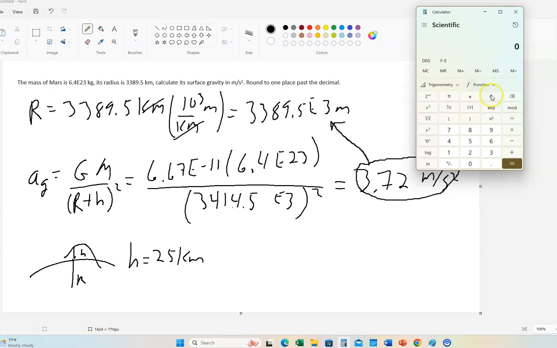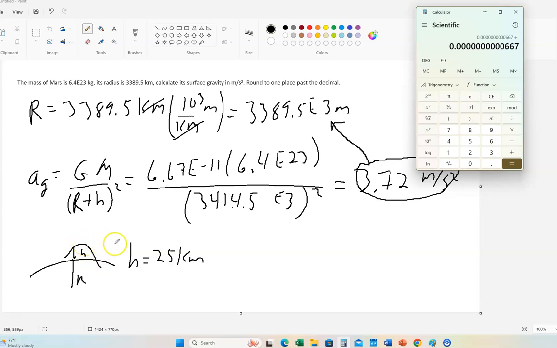Oh, I'm going to have to redo it. So it's going to be 6.67 times 10 to the minus 11th divided by. Now keep in mind, on the top of Olympus Mons, gravity's only going to be slightly less because it's a little bit further from the center.